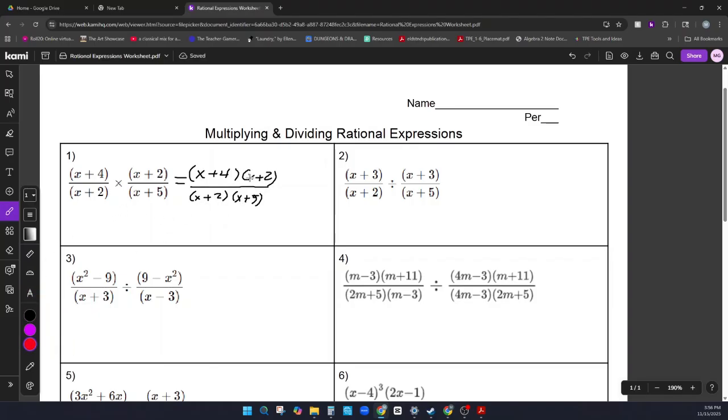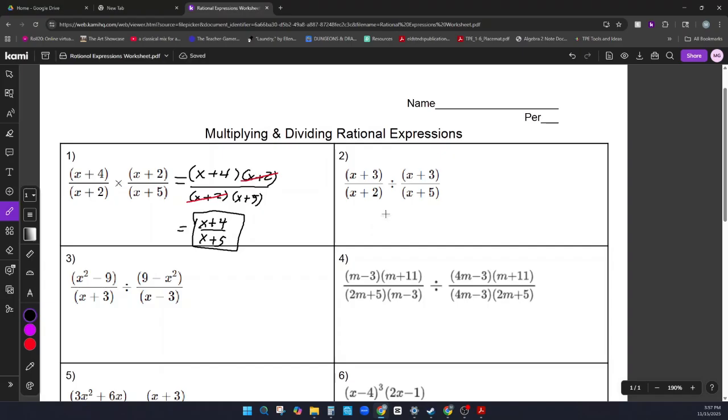In order to cancel, I need something in the numerator to match something in the denominator. Since I have two groups that are matching, I can cross these out, making my final answer. This simplifies to x plus 4 all over x plus 5. And I'm done. That's all I'm looking for. So it can be fairly straightforward like this.